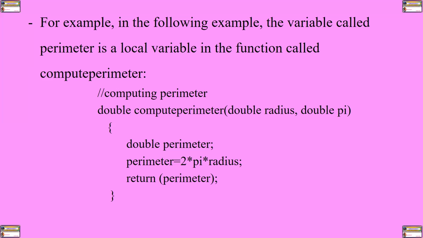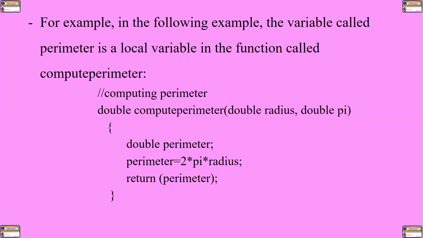The next statement to be executed requests the processor to pick the value that has been received through the parameter called radius, multiply it with the value that has been received through the parameter called pi, and multiply the result by 2. Then assign the overall result to the local variable called perimeter.